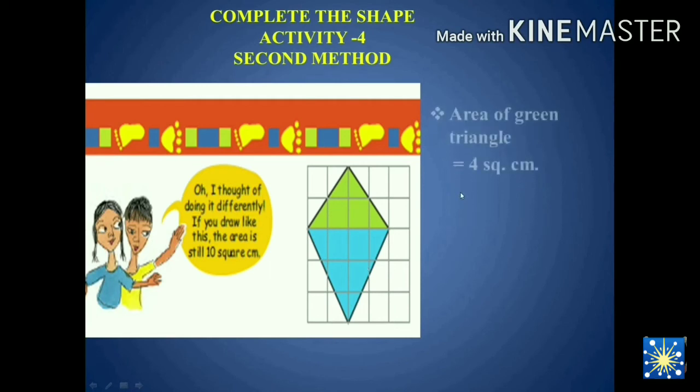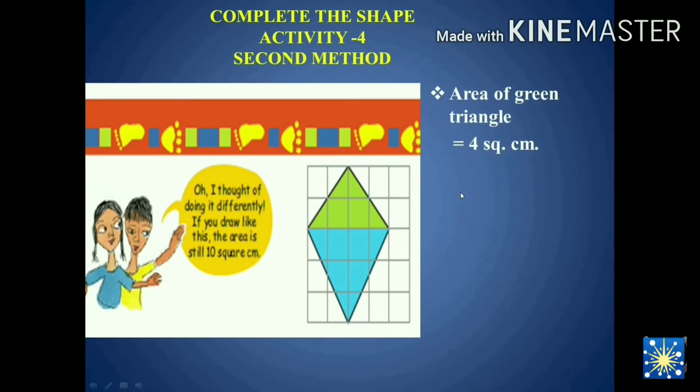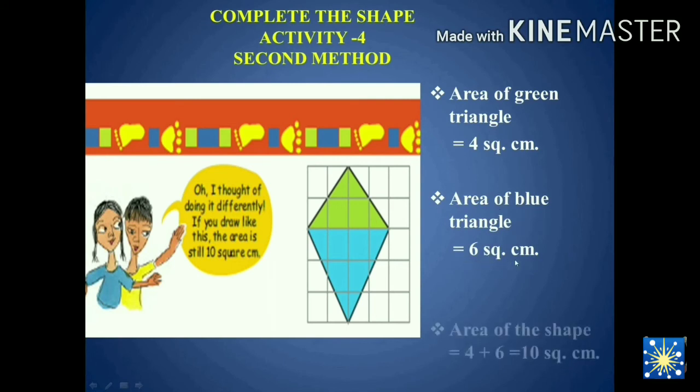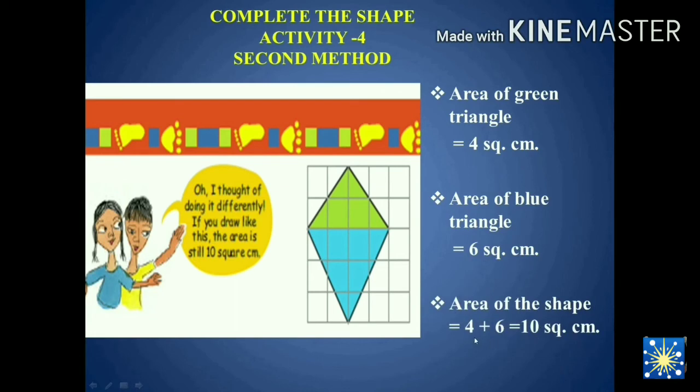Now look here for area of this shape. So area of green triangle is equal to 4 square centimeter. Area of blue triangle equal to 6 square centimeter. So the area of the shape is 4 plus 6 equal to 10 square centimeter.